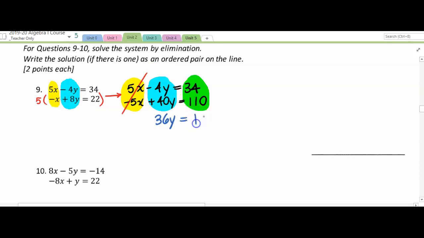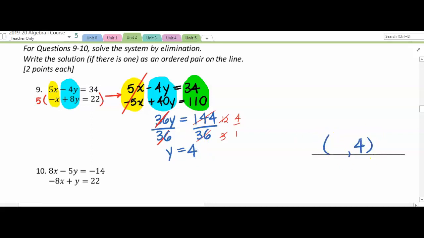And right here I end up with 144 for the green when I put 34 and 110 together. When I divide by 36 on both sides, well, I could divide both of these by 12, makes that a 3 and that's a 12. I can divide further, makes that a 4 and that's a 1, so my answer is 4.